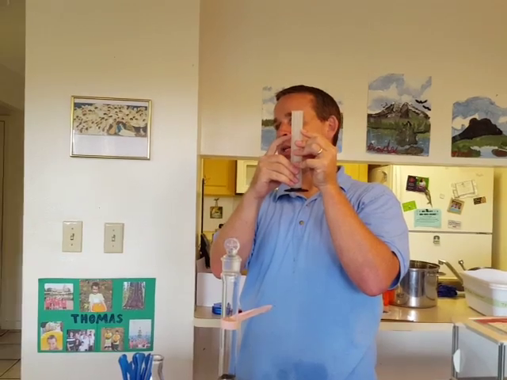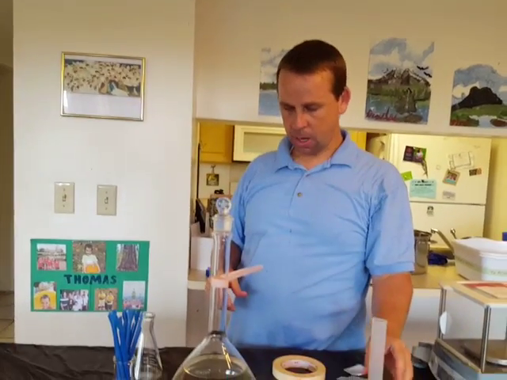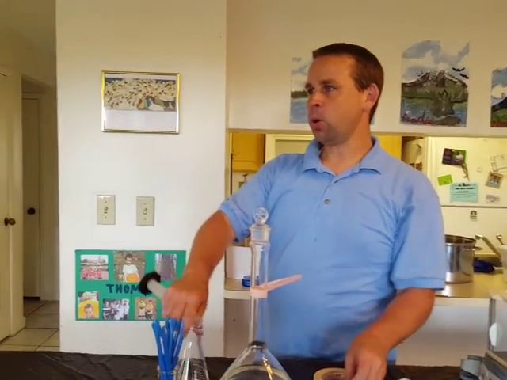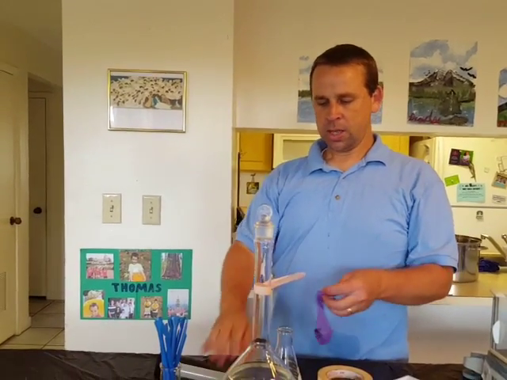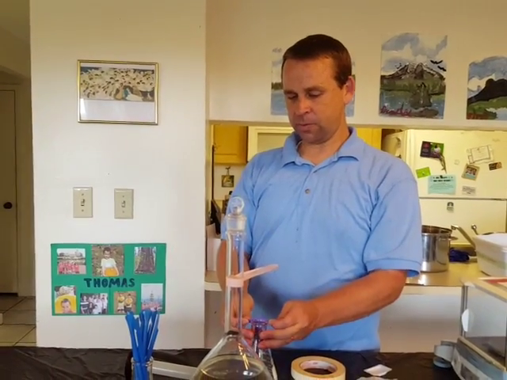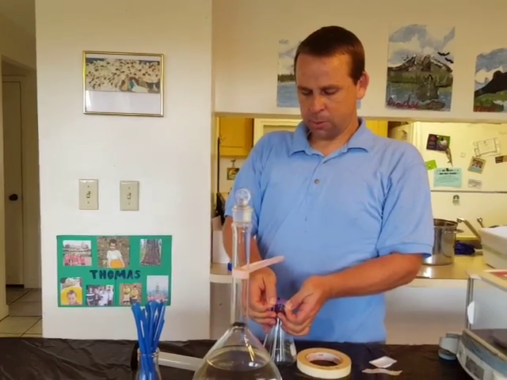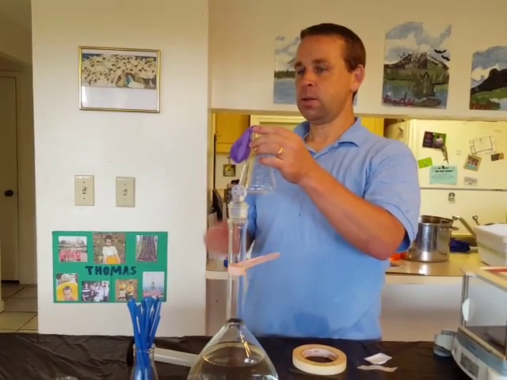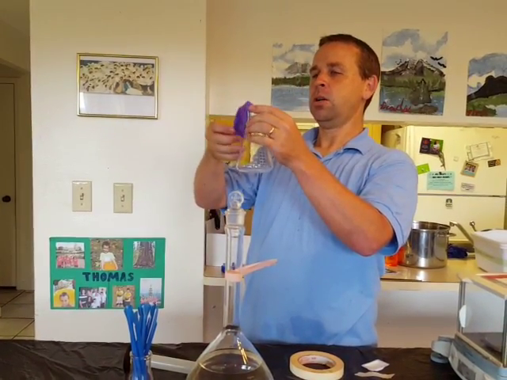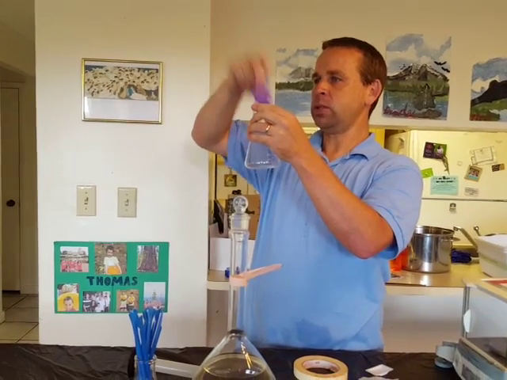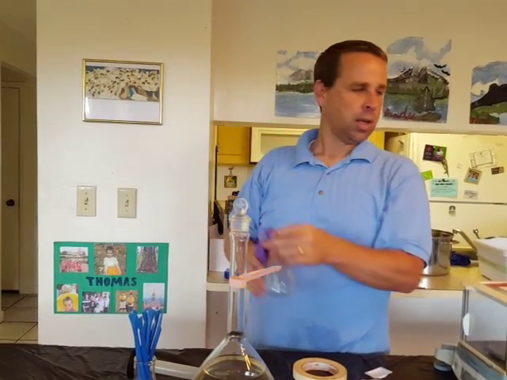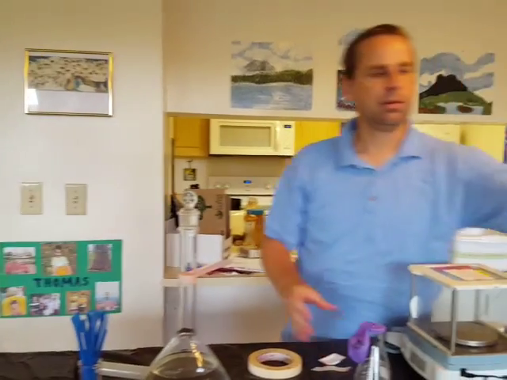So be careful not to get too much. The vinegar is going to be poured into here, and then the balloon, without dumping the stuff in, is going to be wrapped around like that, and then we dump the sodium carbonate in like that, shake it well to get it all out. Does that make sense?